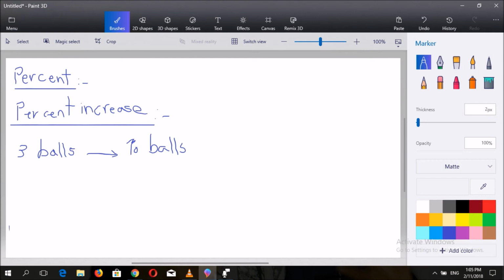Now I'm going to talk about something called percentages. And how can we deal with percentages? So let's talk about percent. And what do we mean by percent?